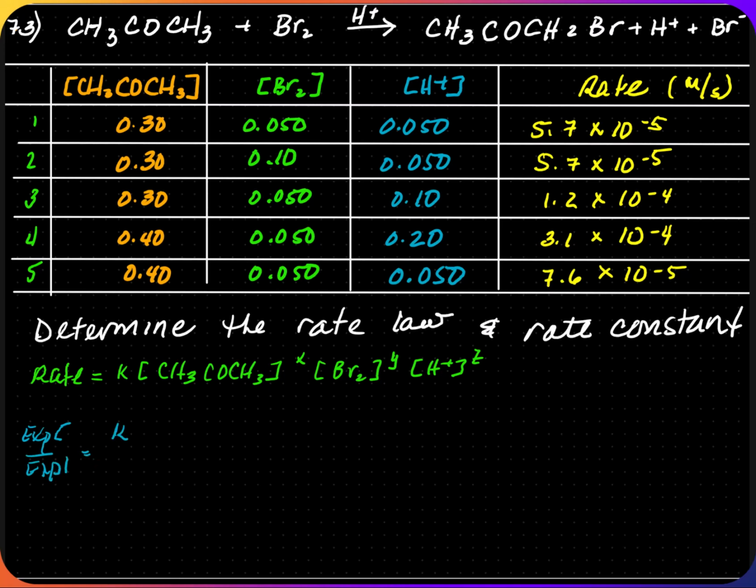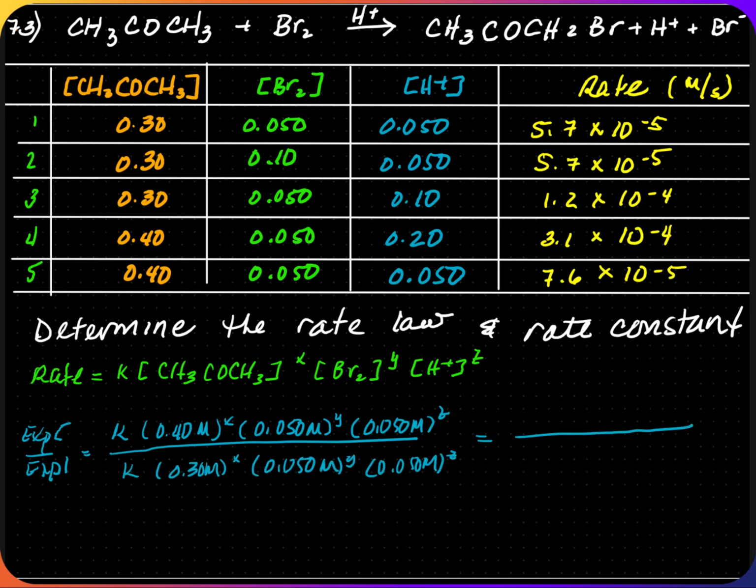This is equal to K, which is 0.40 to the X times 0.050 molar to the Y times 0.050 molar to the Z. I'm going to repeat for experiment 1. This is equal to rate, so that's going to be 7.6 times 10 to the -5th molars per second over 5.7 times 10 to the -5th molars per second.